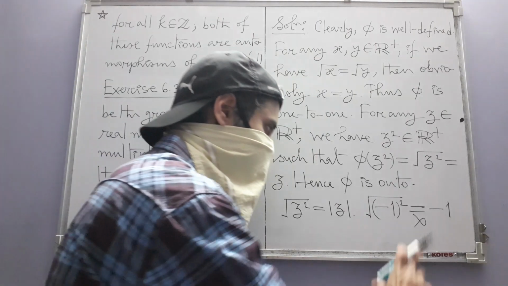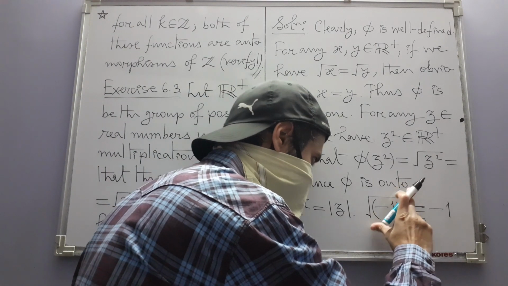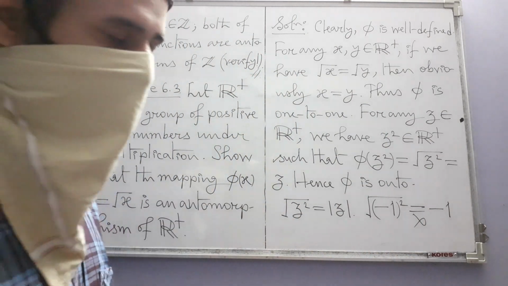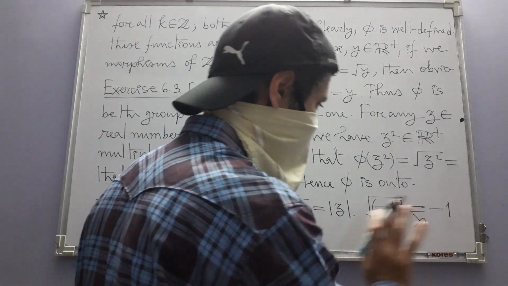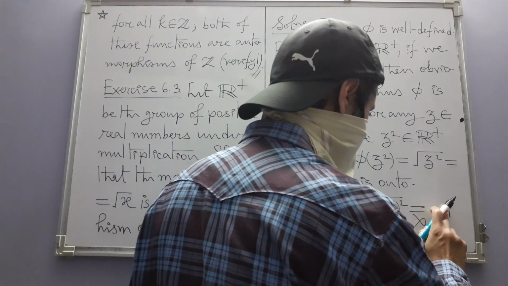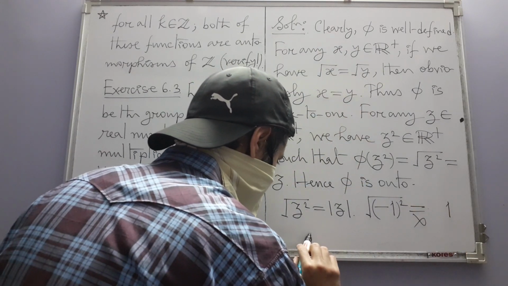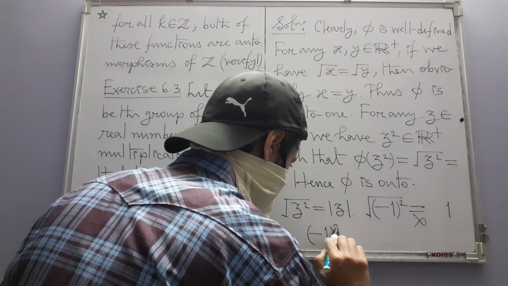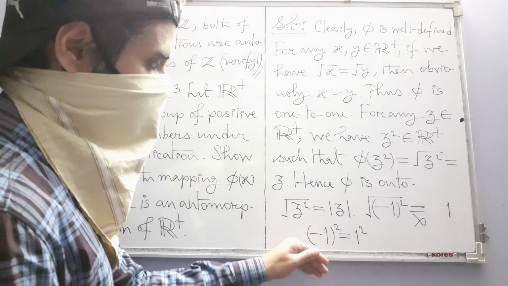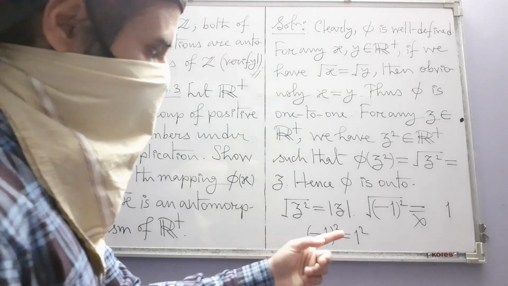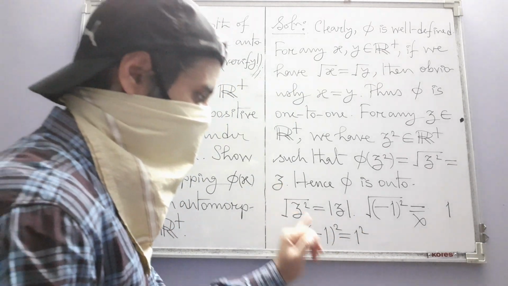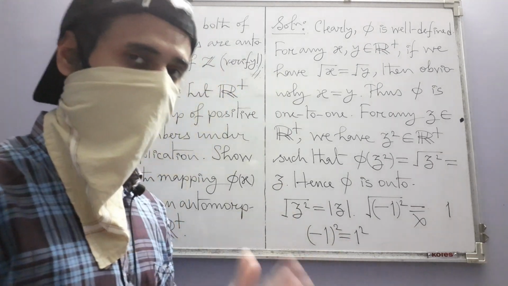because by definition this is a non-negative real number whose square is equal to minus 1 whole square, and such a number is not minus 1 because it has to be non-negative, but such a number is 1, and the reason for that is this: minus 1 is a real number whose square is equal to minus 1 square, but 1 is also a real number whose square is equal to minus 1 square, and among these two numbers, one is non-negative.